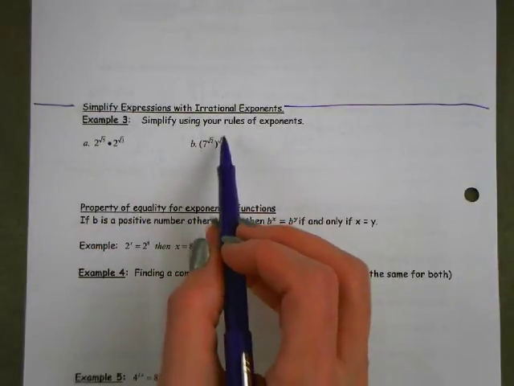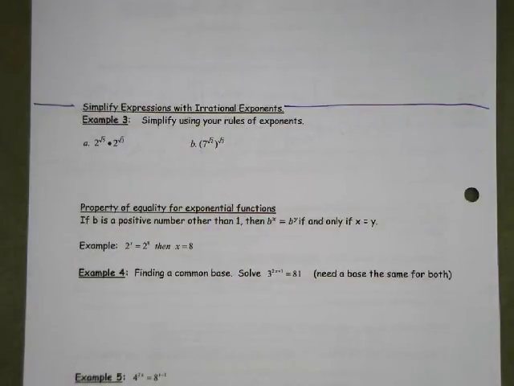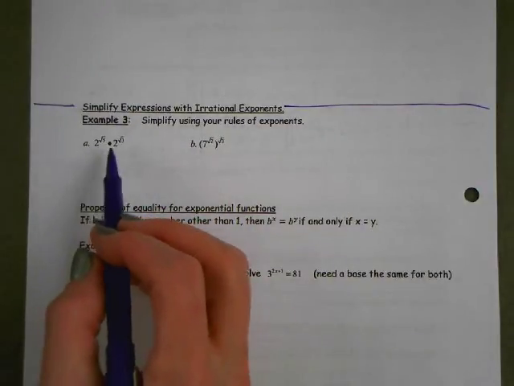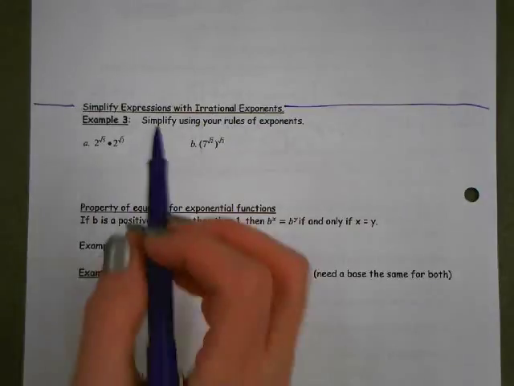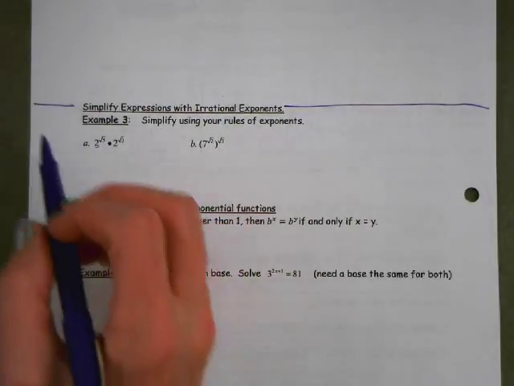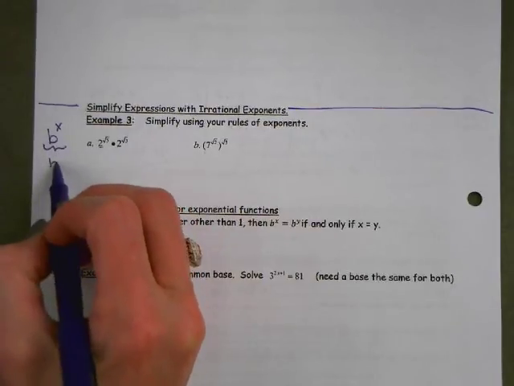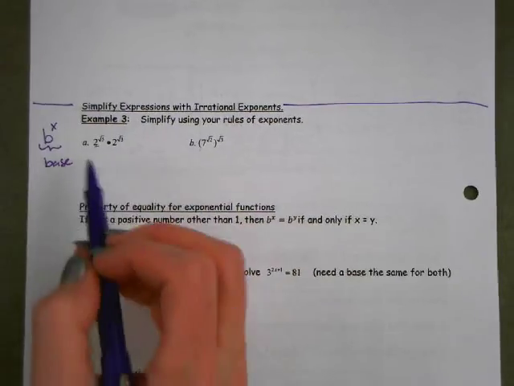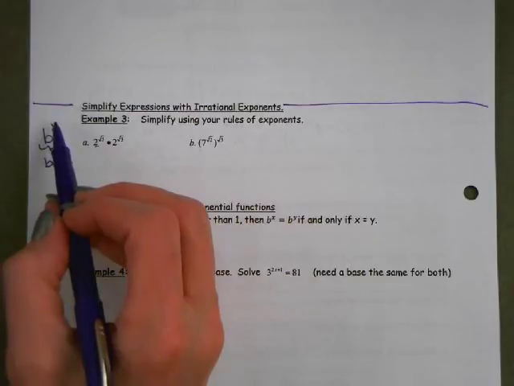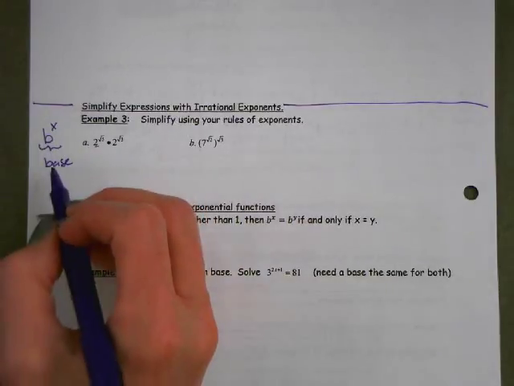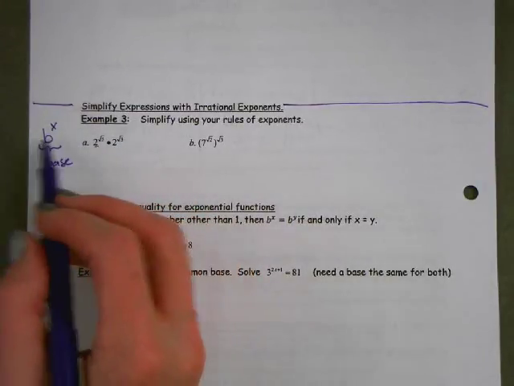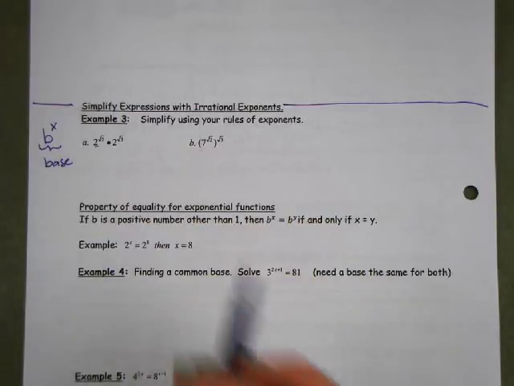We have square root of 2 times this, raised to the square root of 3. Remember b to the x, we talked about in the very beginning, this is what we call the base. The item that's being raised to the exponent is the base. And for us to do anything with exponents, our bases need to be the same.